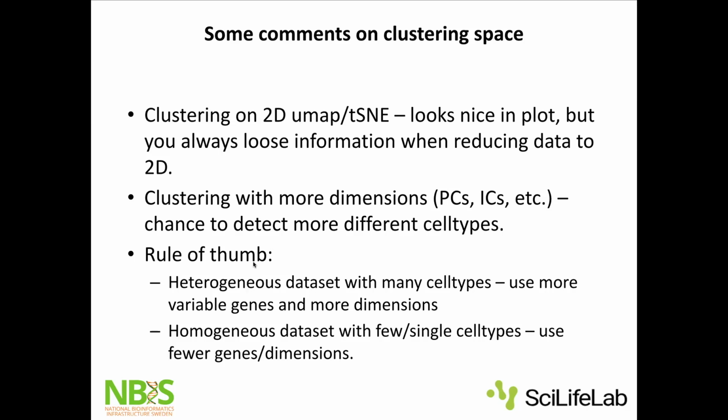As we talked about before for variable gene selection and so on, for a super heterogeneous dataset with many cell types, use more genes, more dimensions. If you have a single or few cell types, fewer genes, fewer dimensions, that's sort of the way you can think about it.